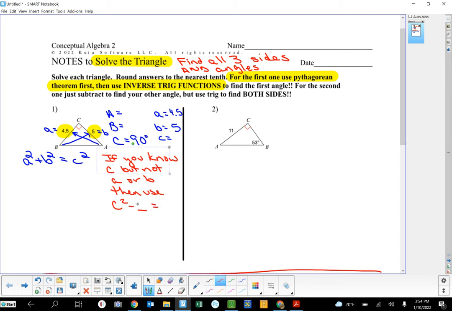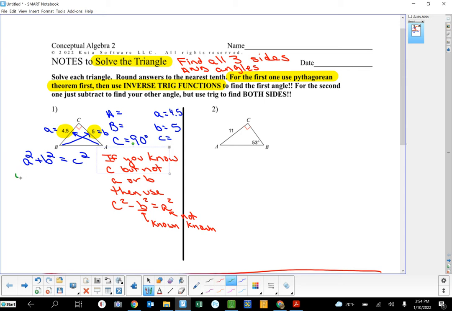So c squared minus a squared or b squared equals the other one squared, where this one would be known and this one would be not known. That's something we did before, so you shouldn't have a problem with that.